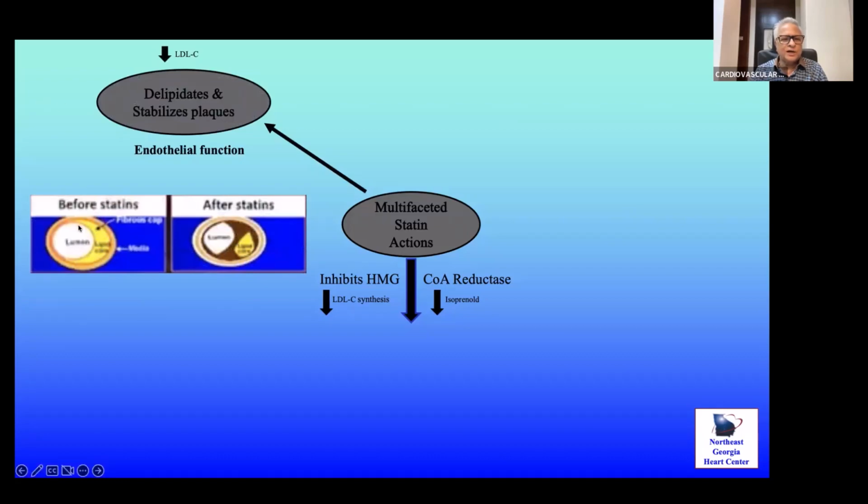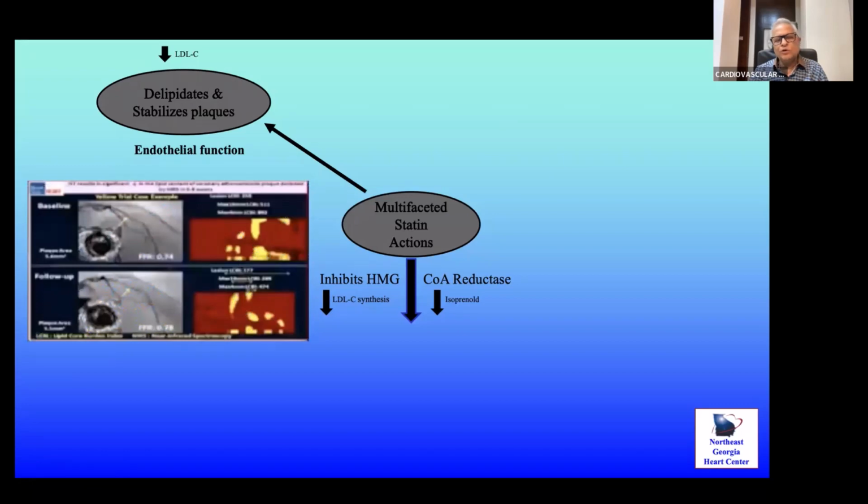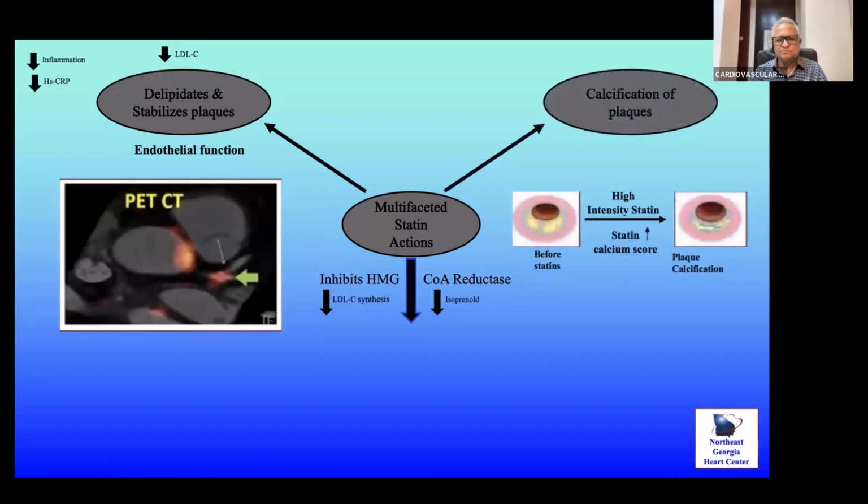Before statin, you can see a large lipid layer or plaque, whereas after statin, the plaque has reduced considerably and there is fibrotic change. This has been documented by non-invasive techniques, MRI, NIR. All these techniques have shown that statin converts the hot, vulnerable plaques into a normal plaque.